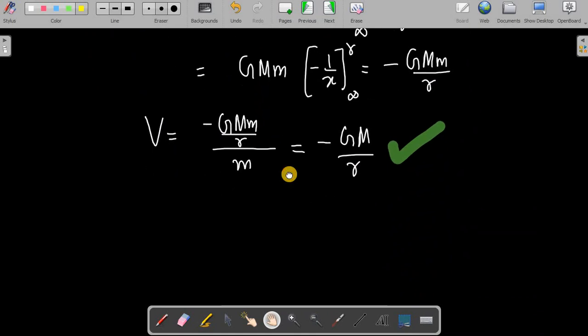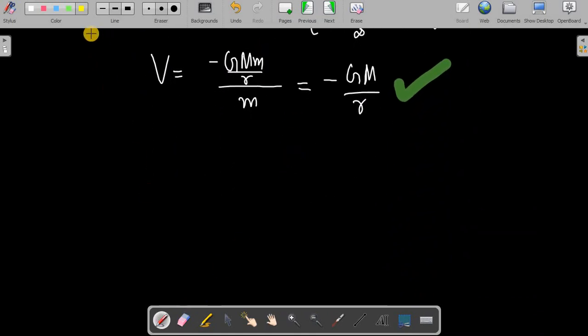Then from here itself we can do the potential energy calculation. This is also the work done by the external force, which is nothing but the potential energy, or of course you may say the change of potential energy. The work done by the external force is the change of potential energy.